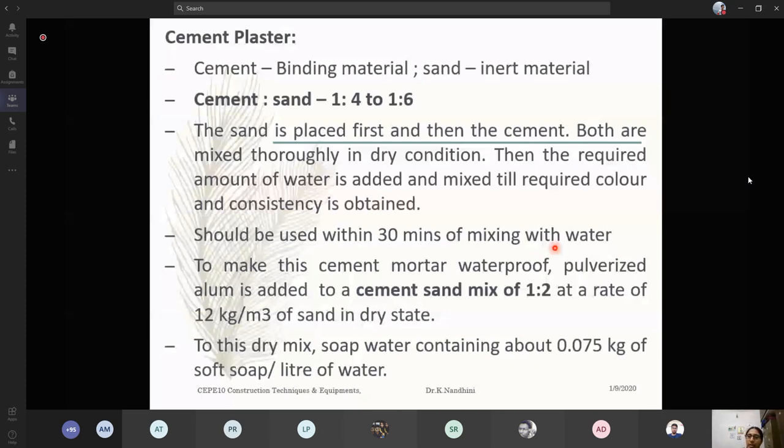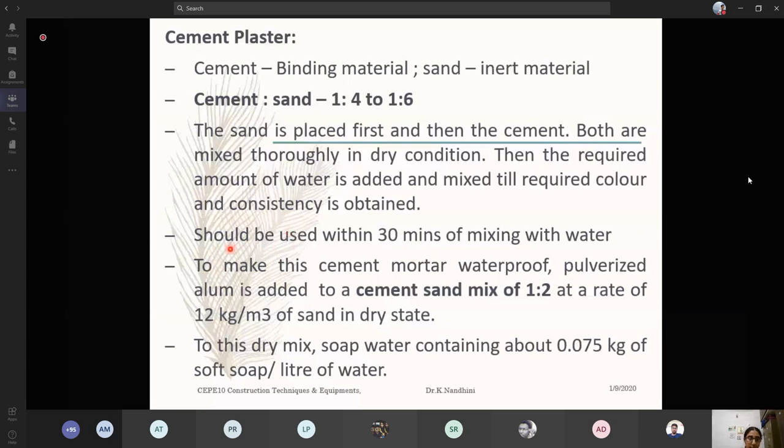They'll prepare the dry mixing and keep it. For the wet mixing, they'll mix it and plaster the quarter wall or half the portion of the wall. Again, they'll go for remixing with water for the remaining portion, and again coat the upper portion. These things usually happen because they don't let the cement mortar dry, and it should be used within 30 minutes.